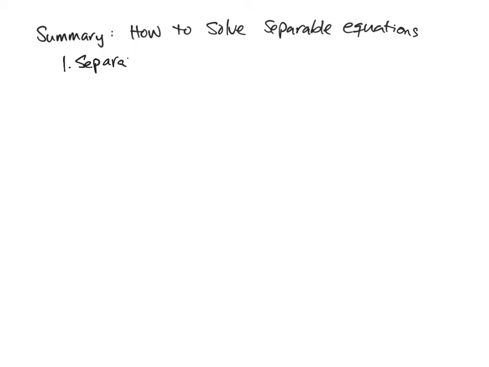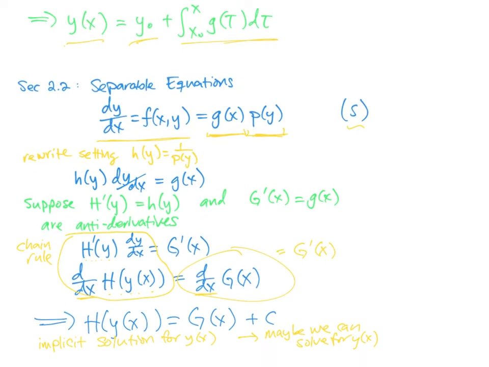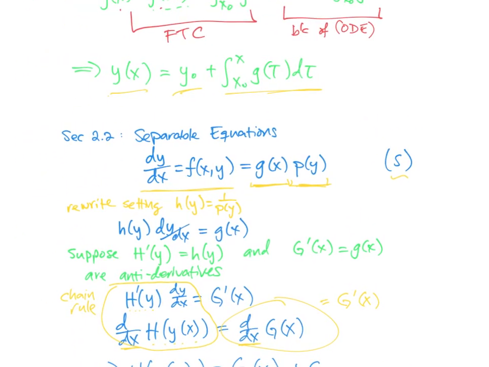So separate the equation to identify the p of y and g of x that were up in this equation S. So we need to find the g of x and the p of y.